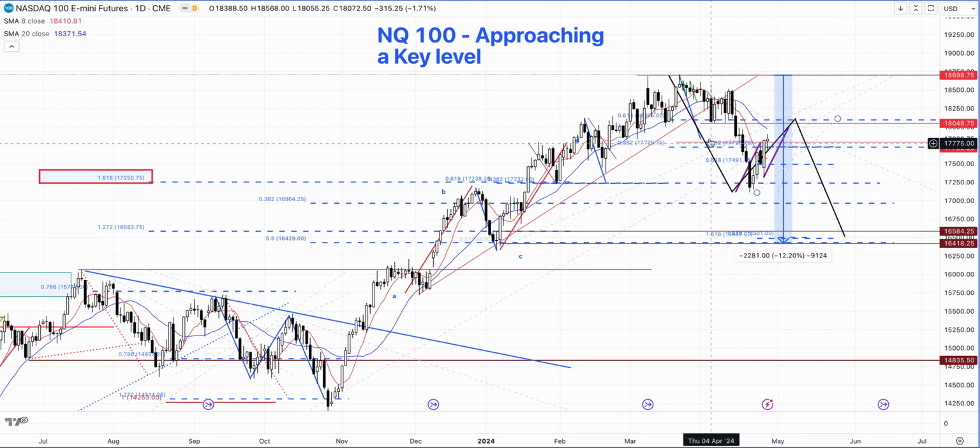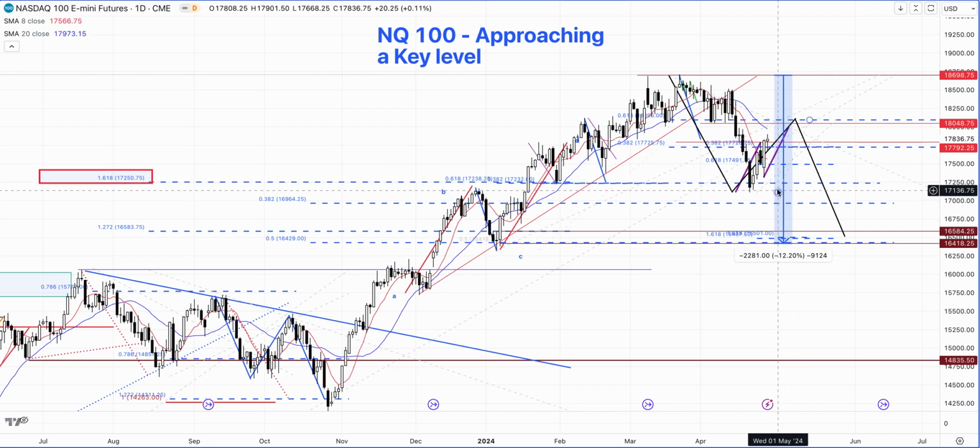That's one scenario. The other scenario is that the market rallies to 61.8% retracement, rotates lower from an internal low here, maybe a slightly lower low. So that's going to be a double bottom formation.